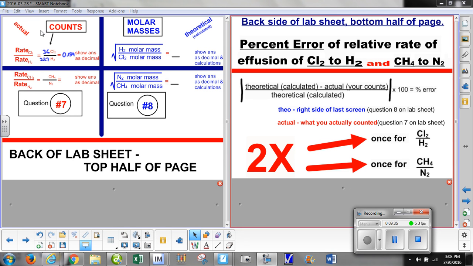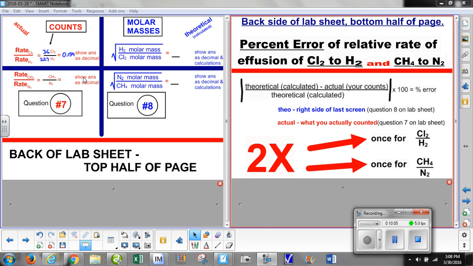The actual is what we get from the left side of this screen. So we're going to plug in the theo, this number, subtract the actual, which is this number, and then multiply by 100 and take it as absolute value, which is what these verticals are for, then we would know that we have our percent error.